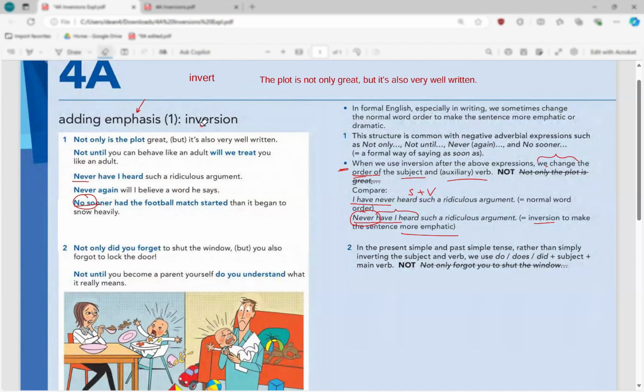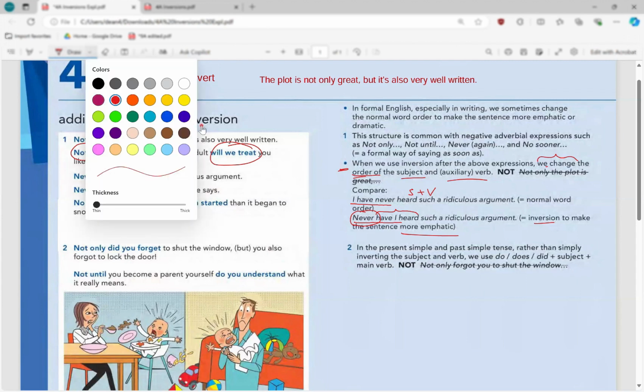But not until is a bit different. Why is it different? Because with not until, the inversion is not happening in the same clause. It's happening in the second part.